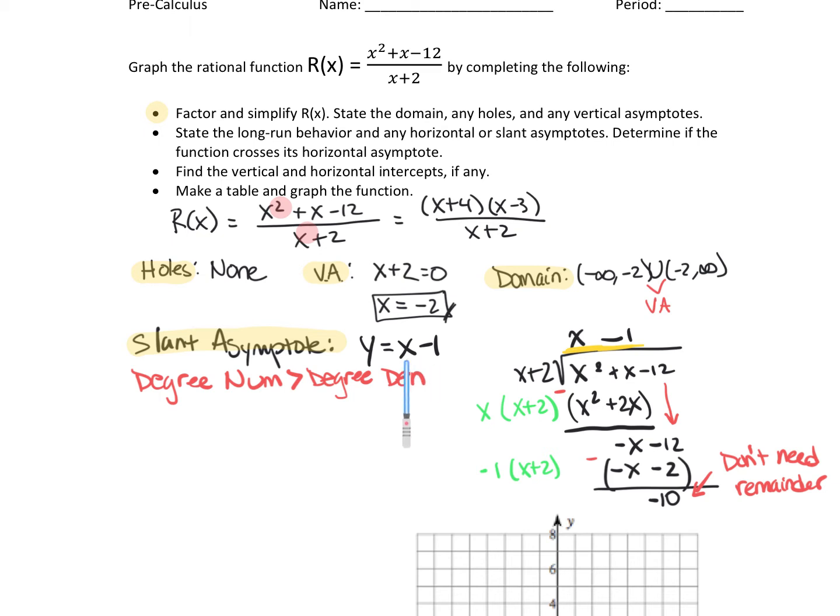For here, this is going to bring us back to our polynomials unit. So whatever the long-run behavior of this slant asymptote is, that is what the long-run behavior of our entire function is going to be.